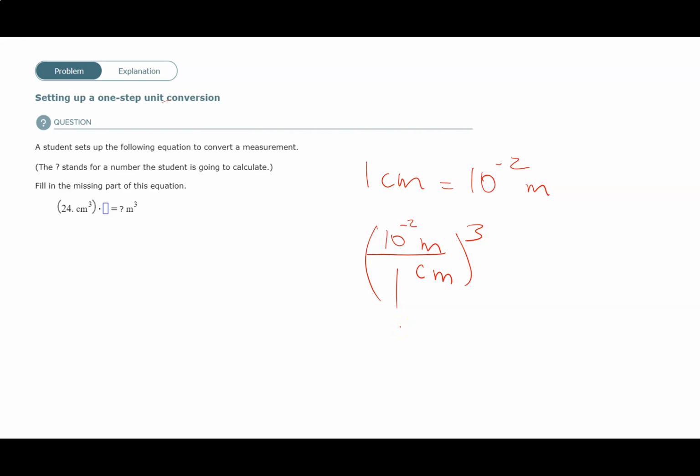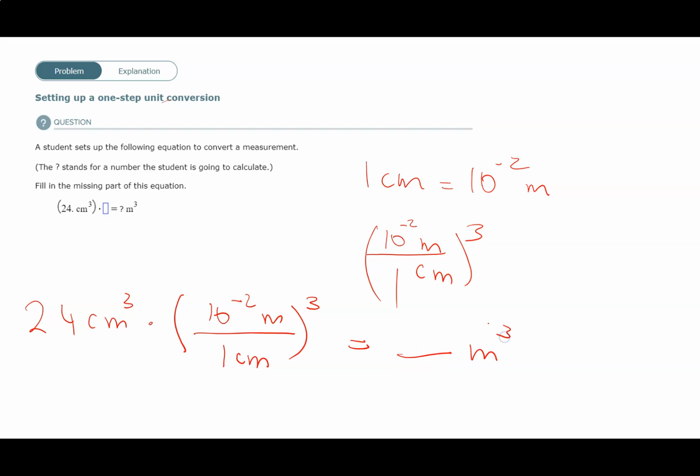There we go. So 24 centimeters cubed is going to get multiplied by the conversion factor 10 to the minus 2 meters over 1 centimeter, all cubed. And that will give me my units in meters cubed.